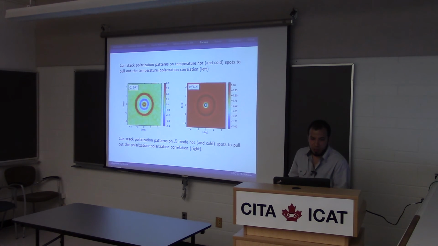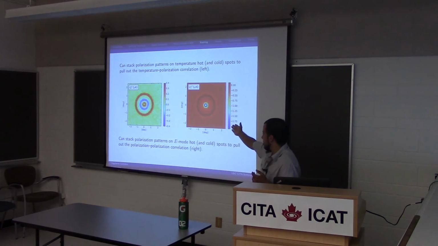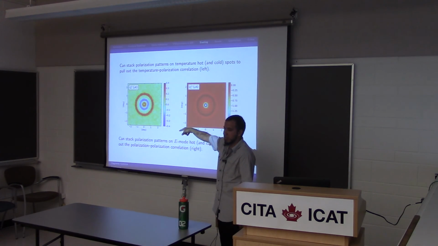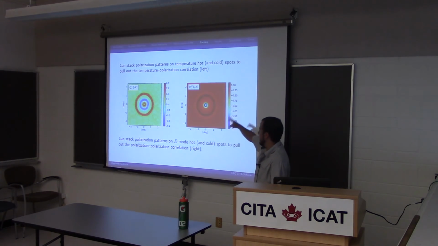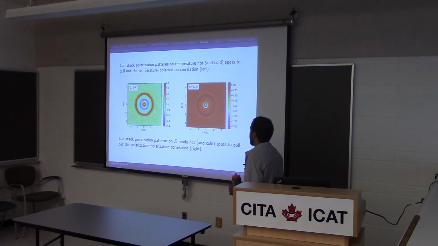Okay, so the other reason why you might want to do stacking is because it's pretty. This is the exact same information that's in the TE correlation power spectrum and the EE correlation power spectrum. So you can decide for yourself whether you like to look at this or the other one.